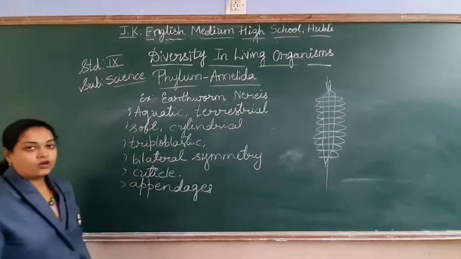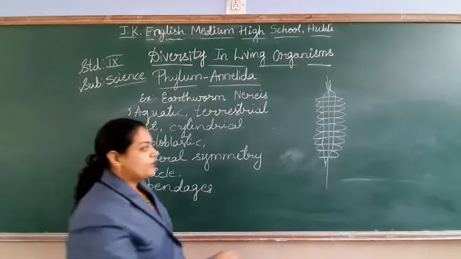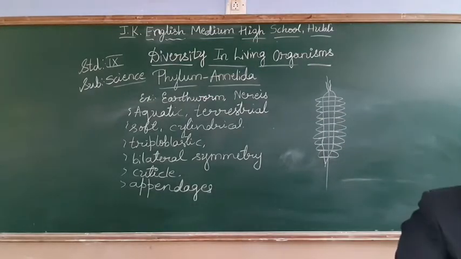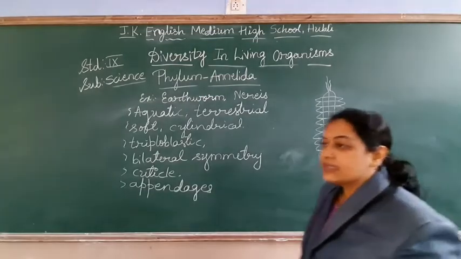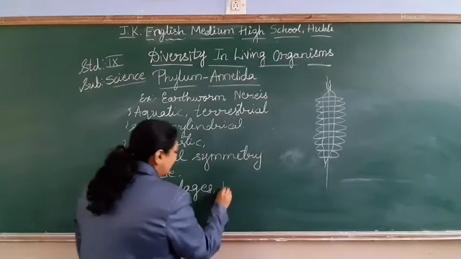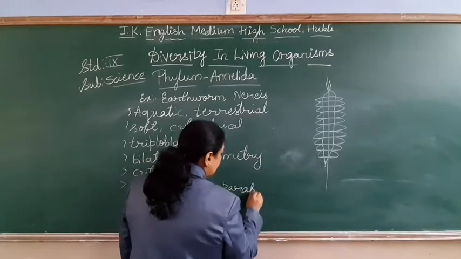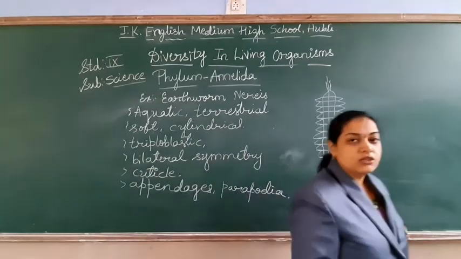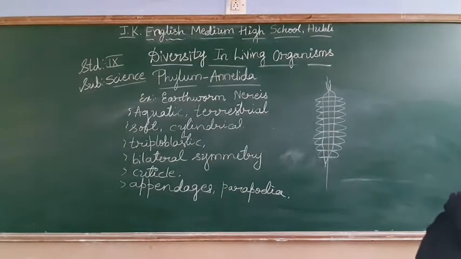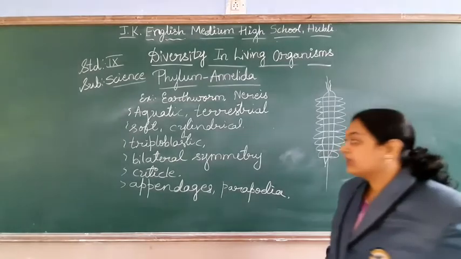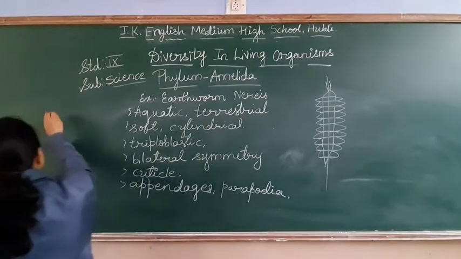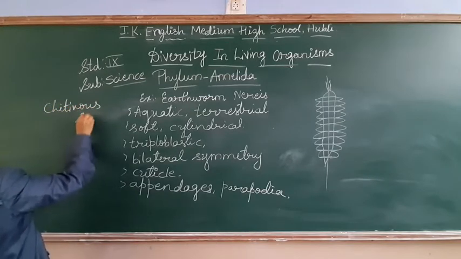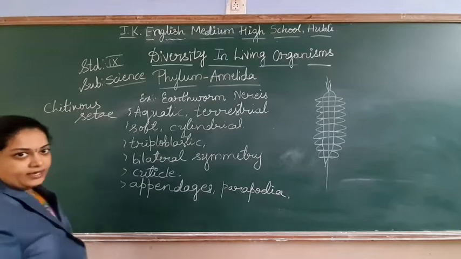The locomotory organs are called appendages. With the help of the appendages, they can move from one place to another. Some members have parapodia, and some members have chitinous setae.